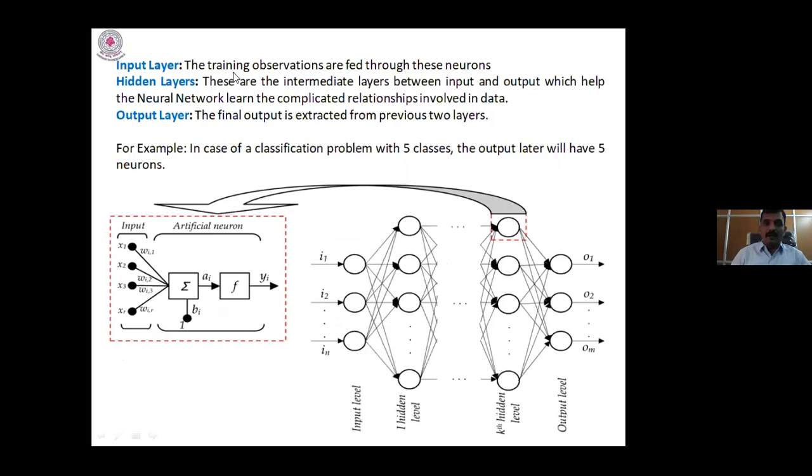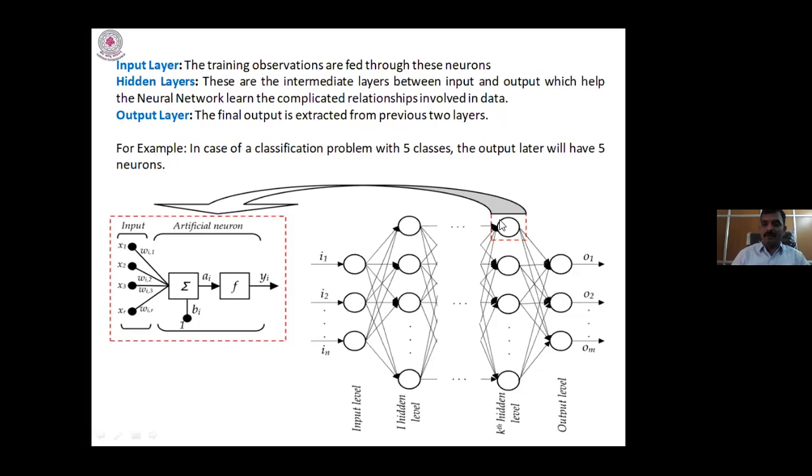Input layer: the training observations are fed through these neurons. Hidden layers: these are the intermediate layers between input and output, which help the neural network learn the complicated relationships involved in the data. So this is the input data and this is the output data. Between them there are n hidden layers: hidden layer 1, hidden layer 2 and so on, up to the kth hidden layer.